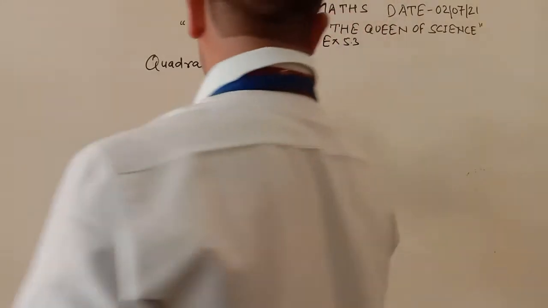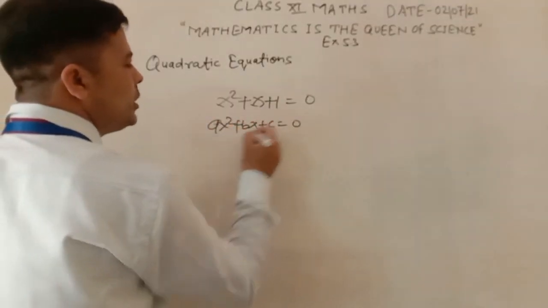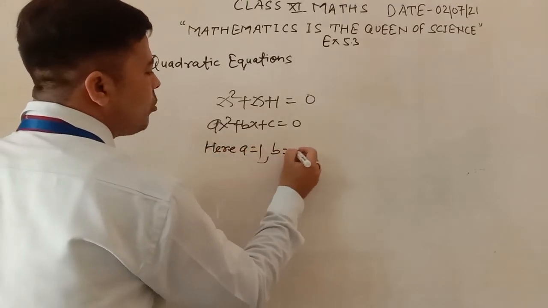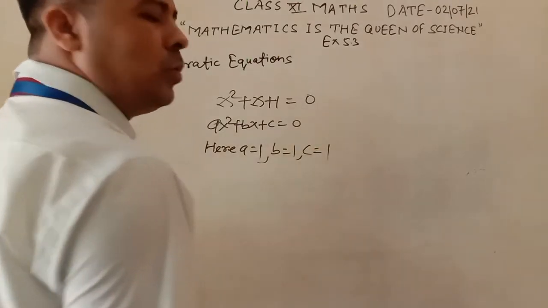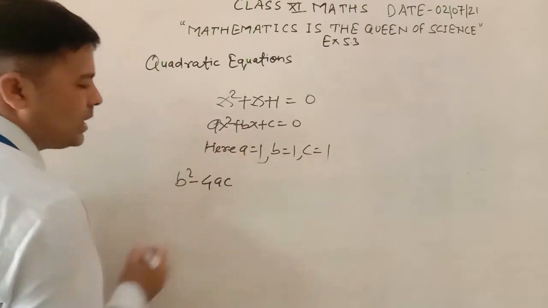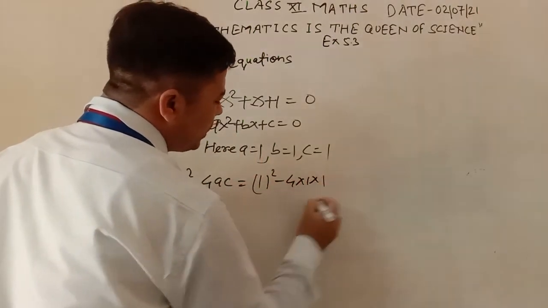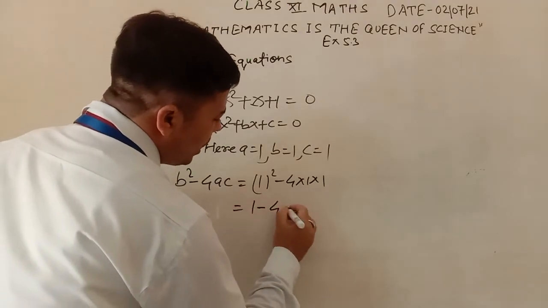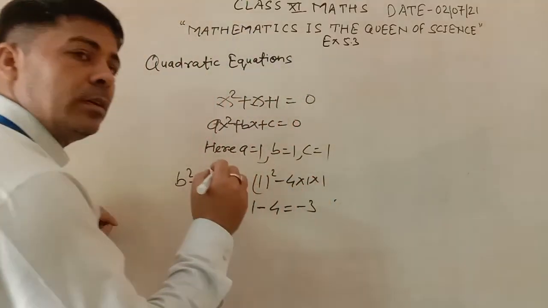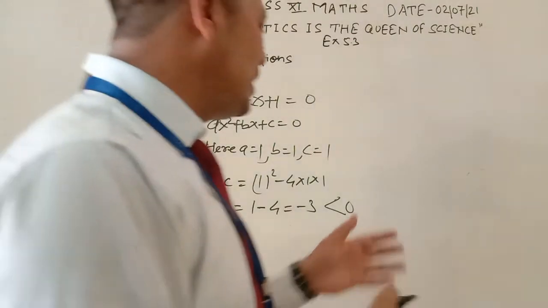So comparing this with ax square plus bx plus c is equal to 0, here a is equal to 1, b is equal to 1 and c is equal to 1 also. So the value of b square minus 4ac is 1 square minus 4 into 1 into 1. This is 1 minus 4, it is minus 3, which is less than 0.